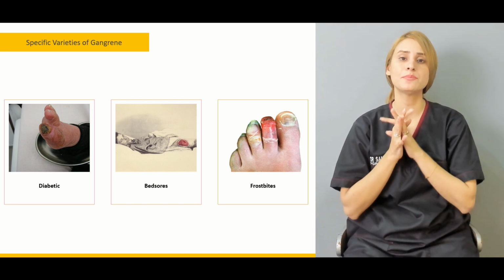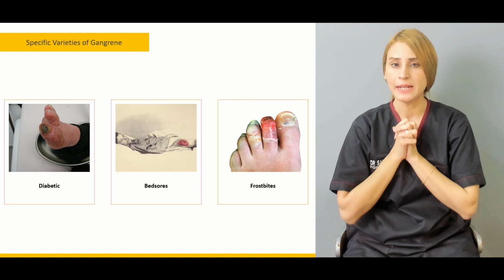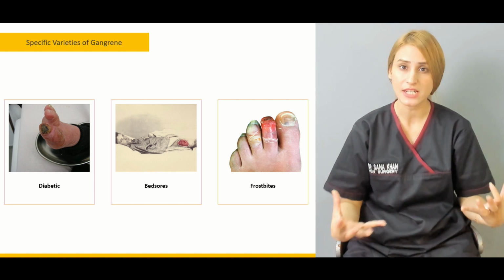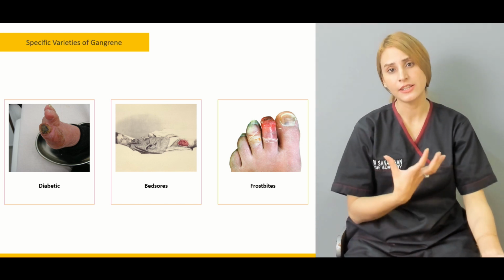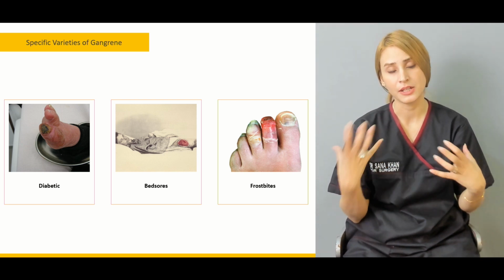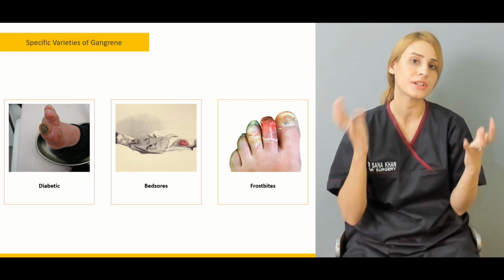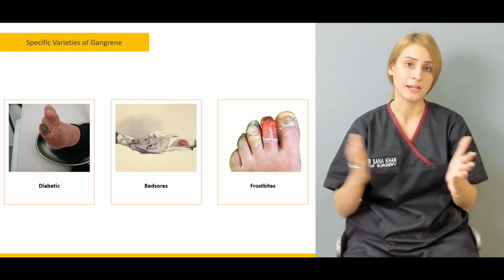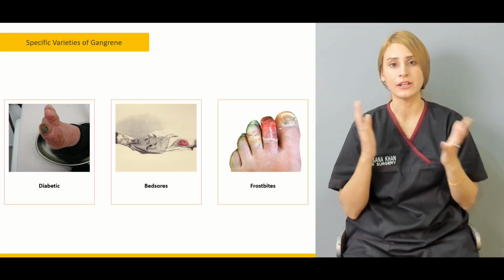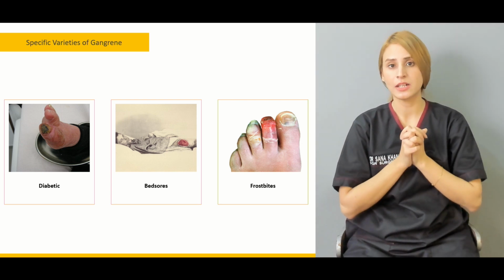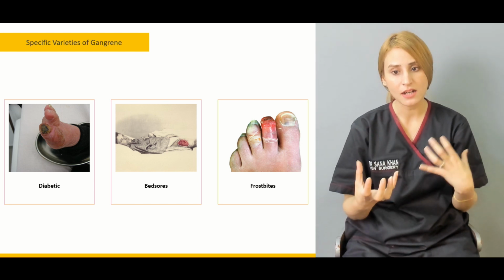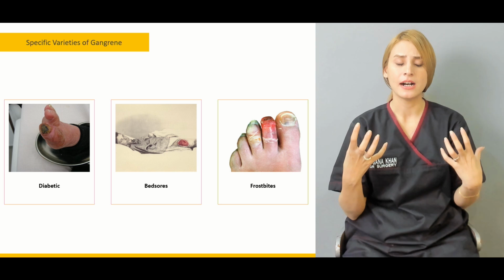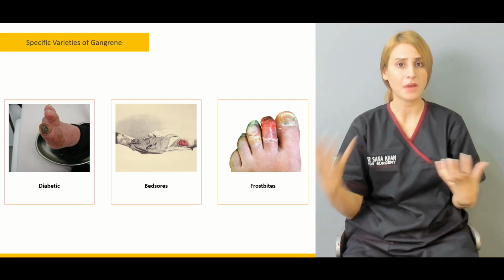The third most important type is frostbite, and most of the time it's usually in the extremes of temperature, and particularly those people who are working in high altitudes or who are living in snow for a very long time. They develop frostbite because of the vasoconstriction, to accommodate the atmospheric temperature.